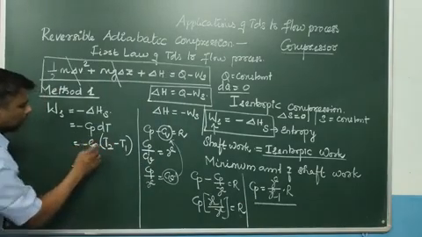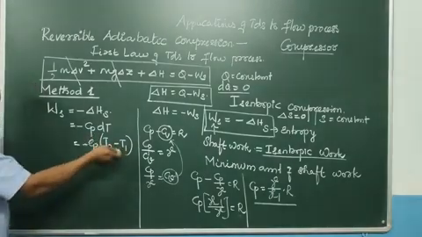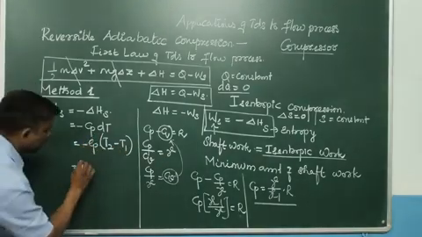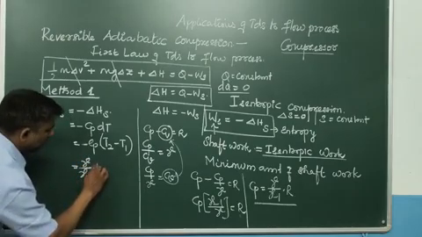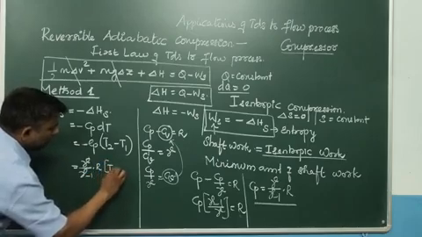Eliminate this negative sign by interchanging T1 minus T2. Instead of Cp, I am going to write gamma divided by gamma minus 1 into R into T1 minus T2.